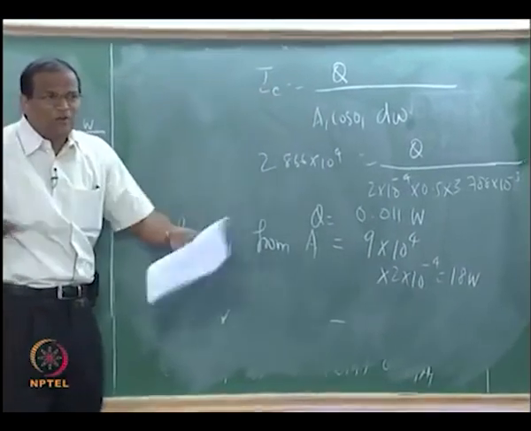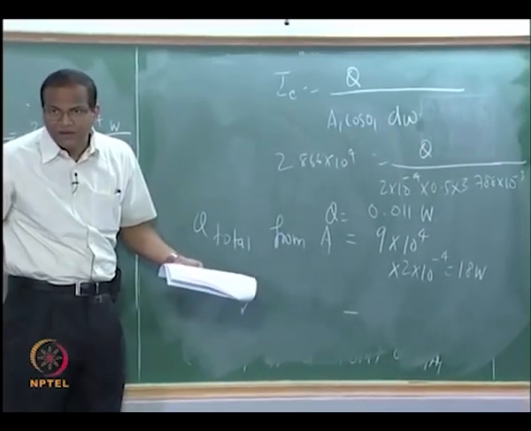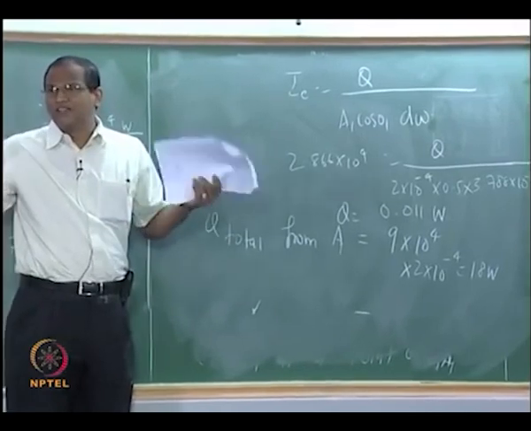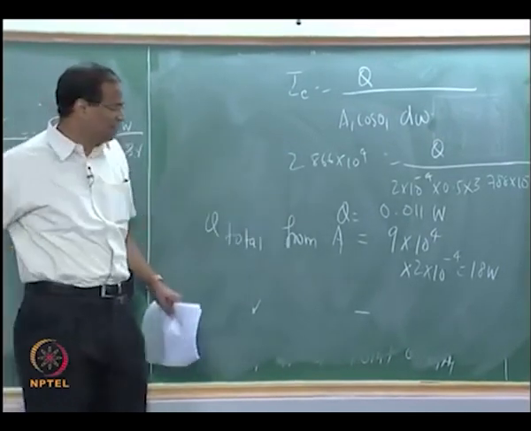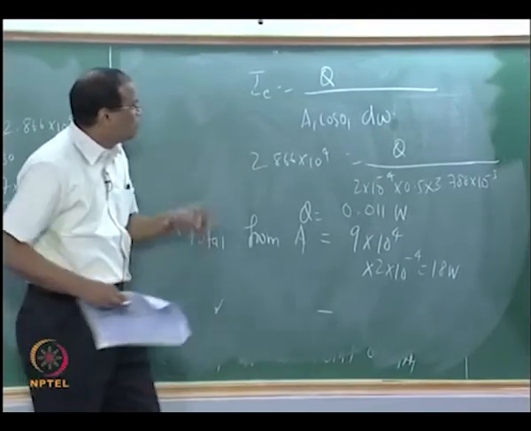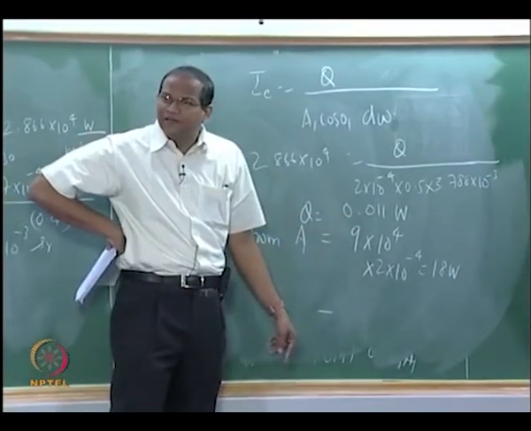Because in between it is vacuum or air or whatever, there is nothing which absorbs the radiation. Therefore the total radiation energy which is coming out of A1 is 18 watts. Out of 18 watts only 0.011 watts is intercepted.